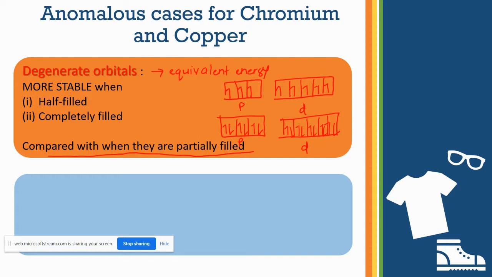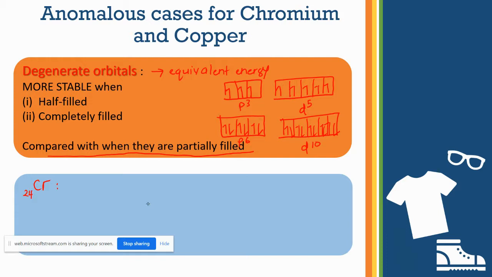So half filled is P3 and D5. For full or completely filled, it is P6 or D10. So for chromium, the proton number is 24.